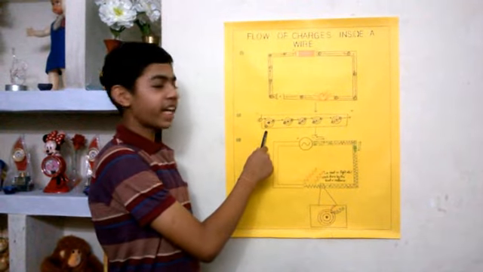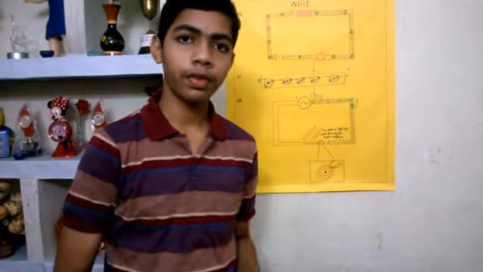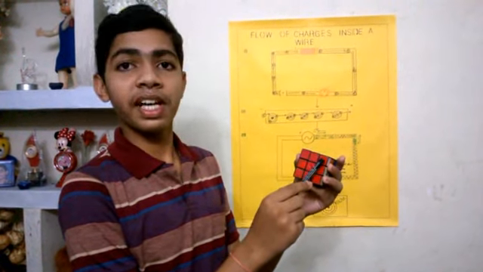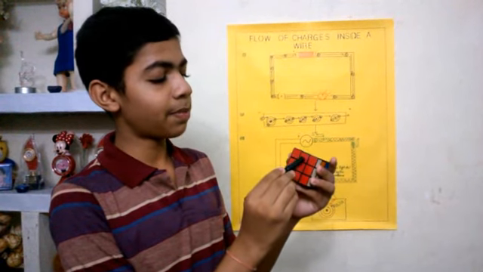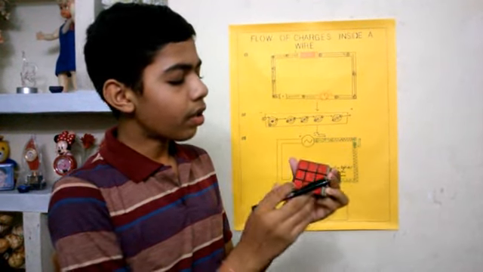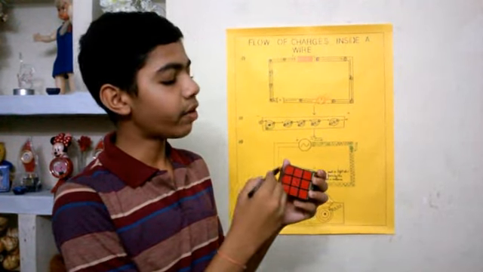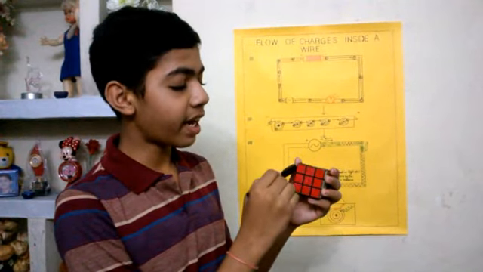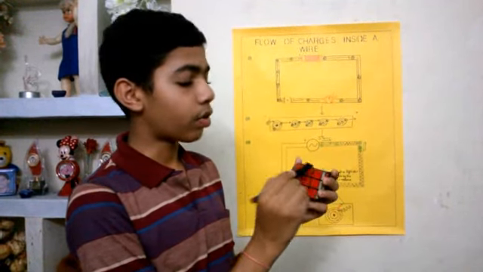To understand our second concept very clearly, we will take an example on the Rubik's Cube. Let us assume that each of these spaces represents the electric field of an electron, and each electron is just a tiny speck in the middle of these faces. So what happens when a potential difference is applied? Let's say this is the negative terminal and this is the positive terminal. So electrons will like to go from this side to this side, and when they want to go, they will push these electrons.